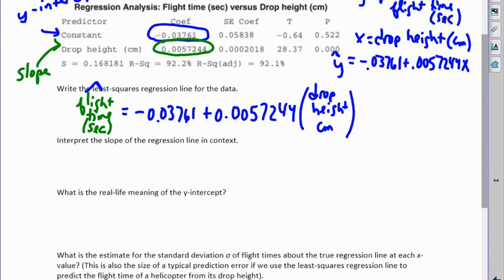So let's see what other things we can get from this output. So from this output, interpret the slope of the regression line in context. Okay, so that's talking about as you increase your x, what does y do?